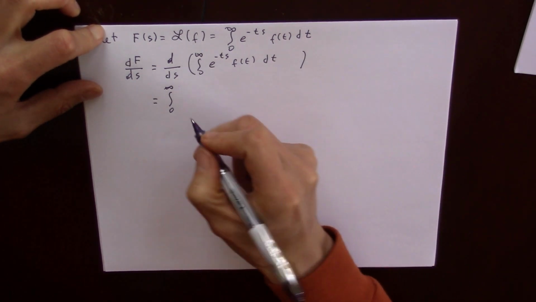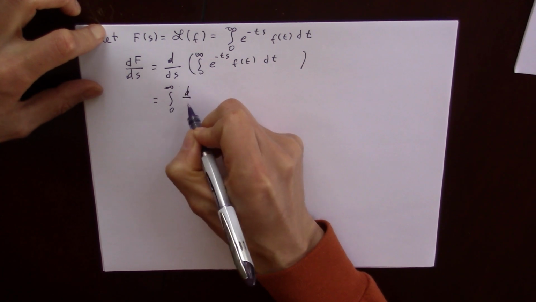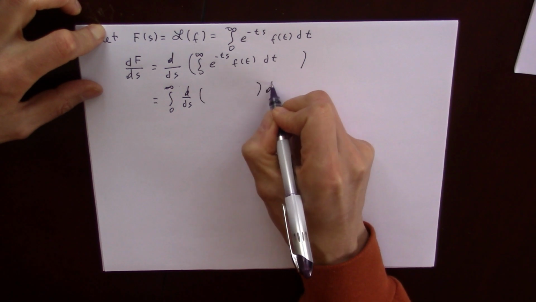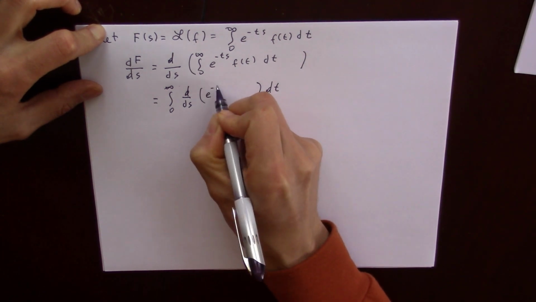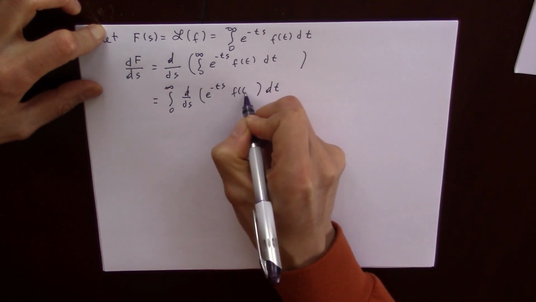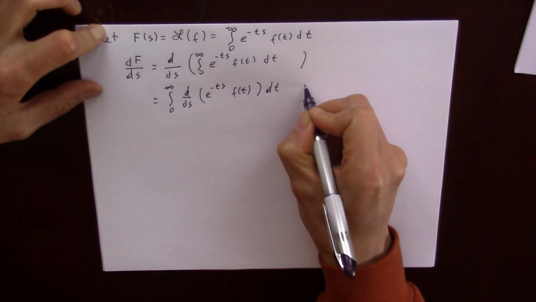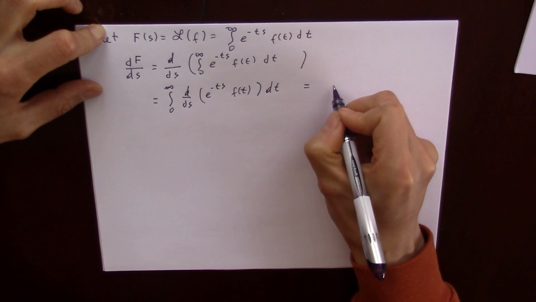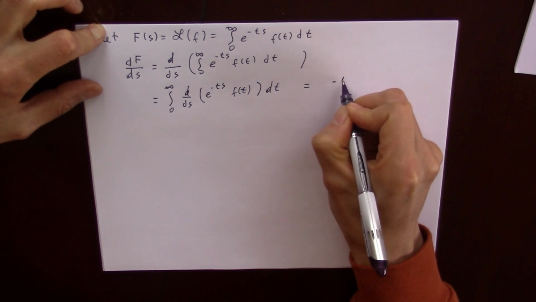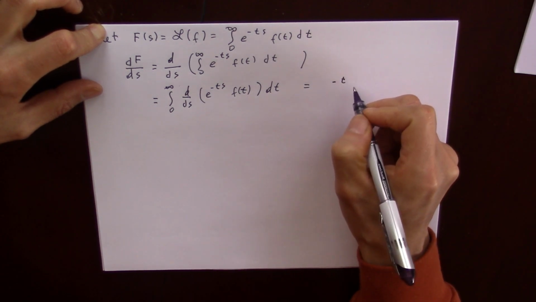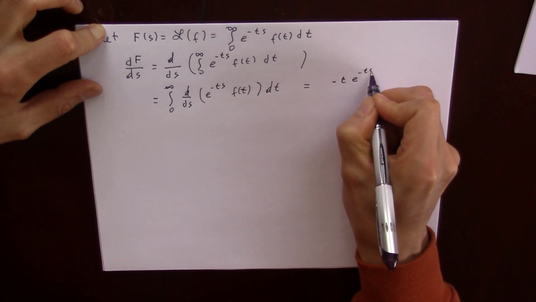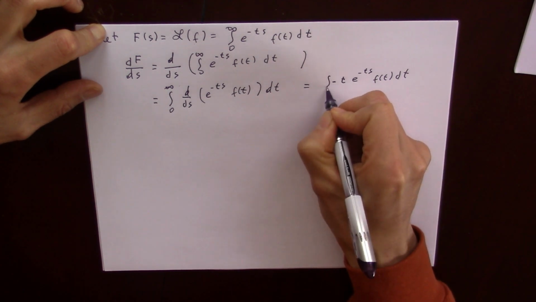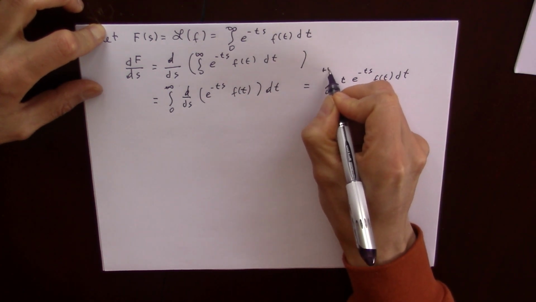So now we write the derivative of inside, e to the negative ts f of t. Derivative inside function is not difficult to find, so we're going to have negative t e to the negative ts f of t dt, an integral from 0 to plus infinity.